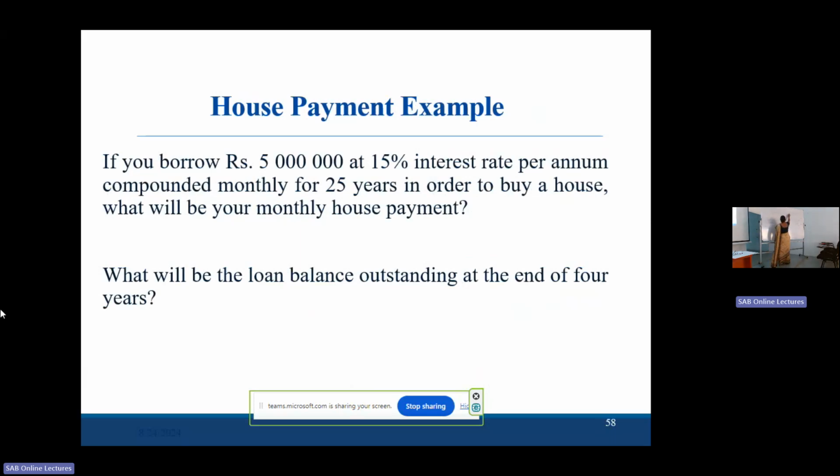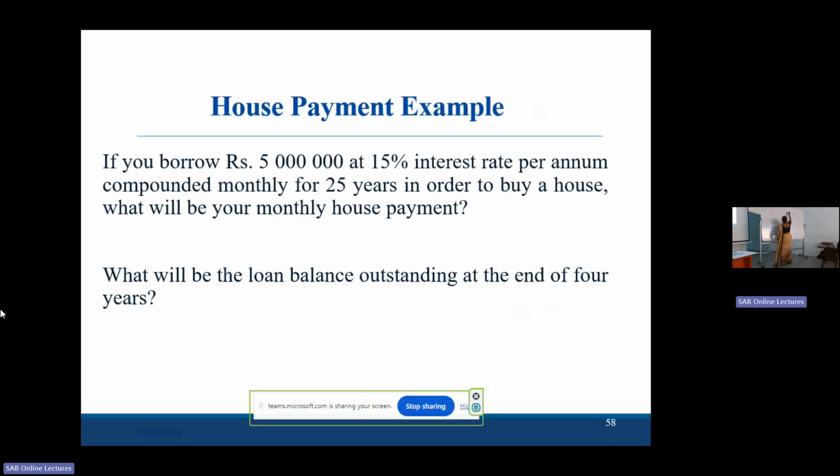So up to 4 years means how many installments? Consistently you are paying this loan installment for 4 years. 4 years means 12 into 4, which is 48.